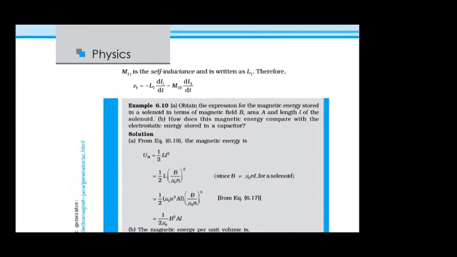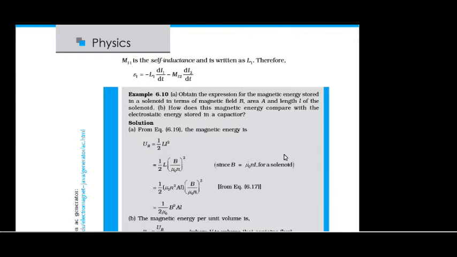So M11 is the self inductance and is written as L1. So E1 is equal to minus L1 di1 by dt minus M12 di2 by dt. This is the expression for the induced EMF in this case.